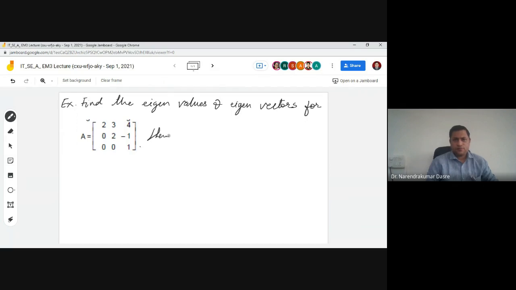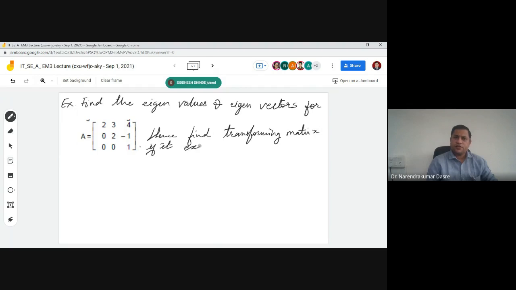Hence, find the transforming matrix if it exists.